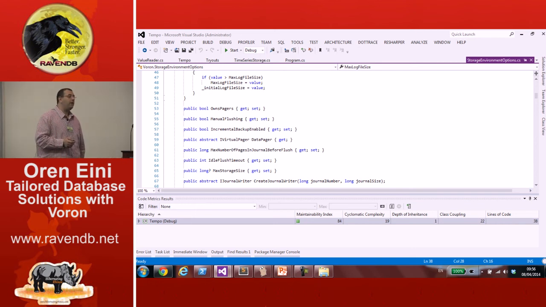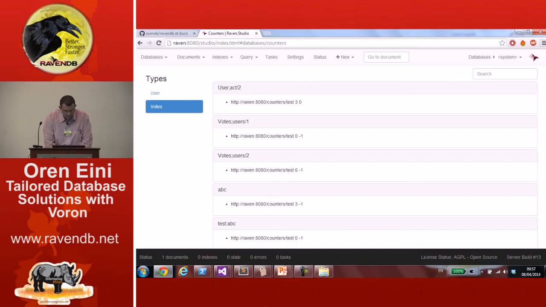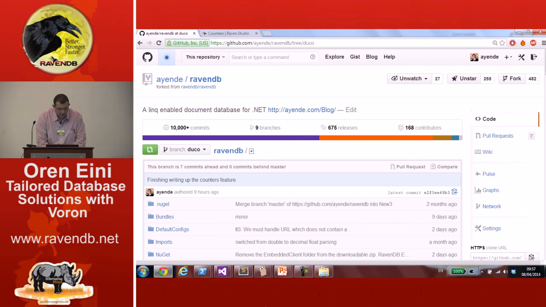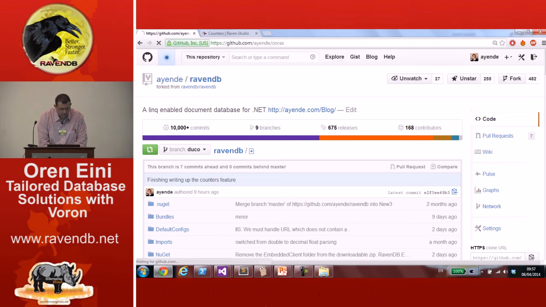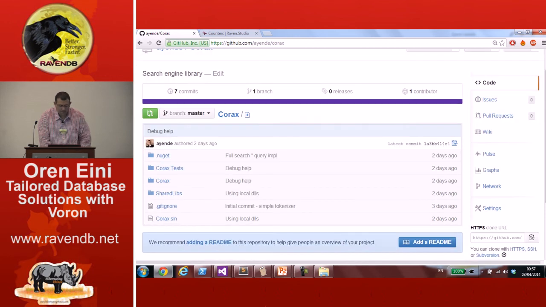Because there is the RavenDB index. Yeah, but not RavenDB. No, no, that's something entirely different. I mentioned that we have a Corax. Yeah, that's another part.